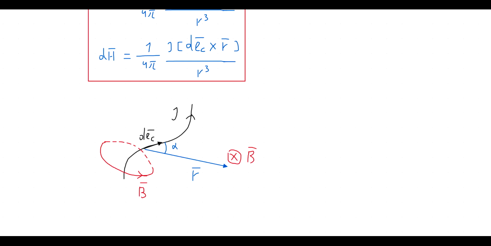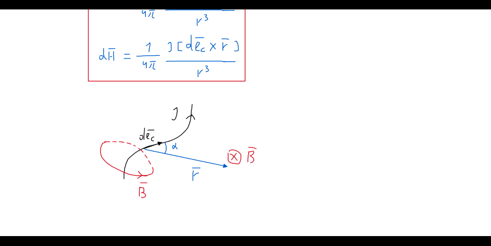So this red line is the line of magnetic field on this sketch.